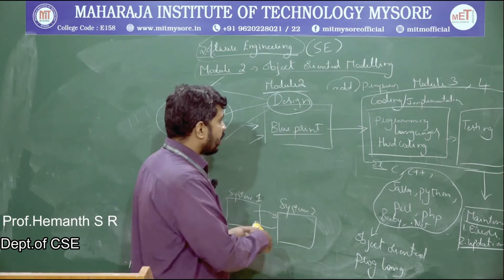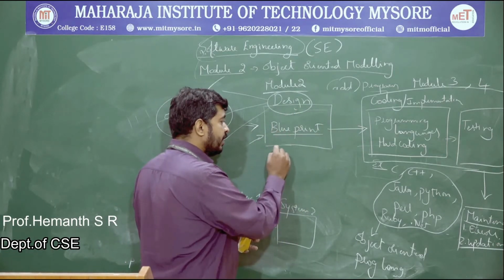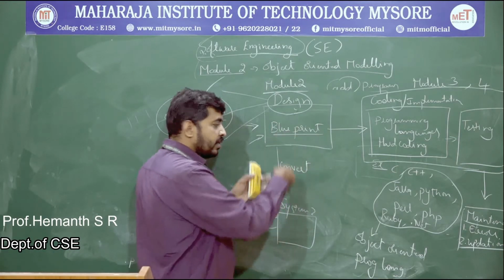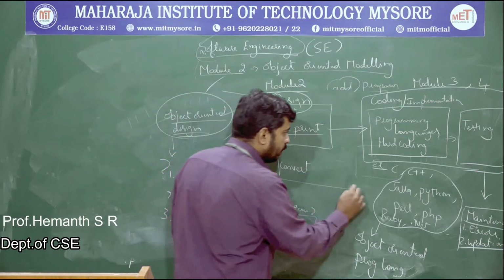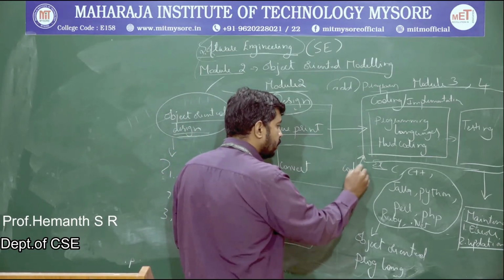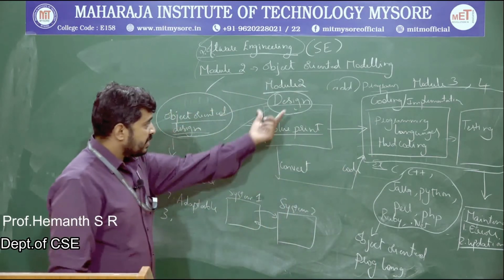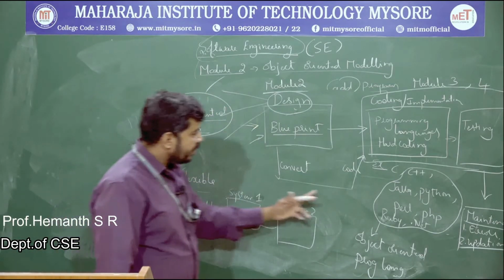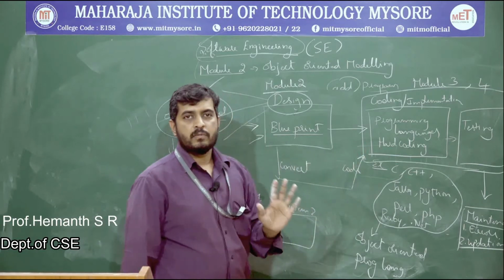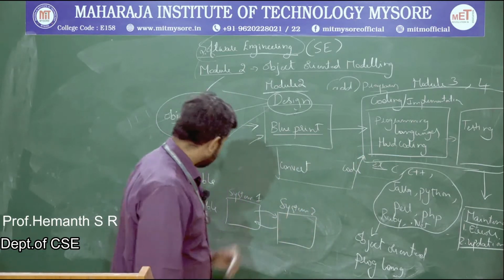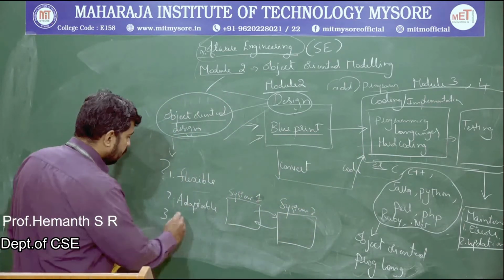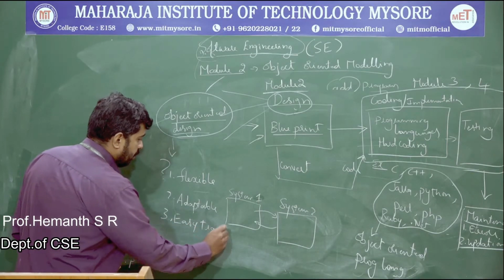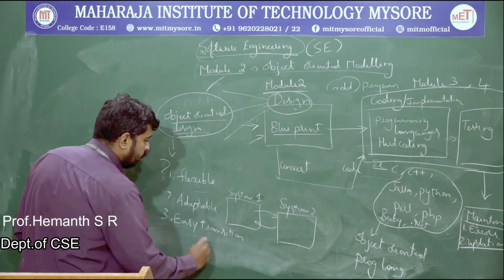Ultimately you need to convert this design into a code. If the design is object oriented, converting it into a code will be simple, will be easy. So that is easy transition to coding.